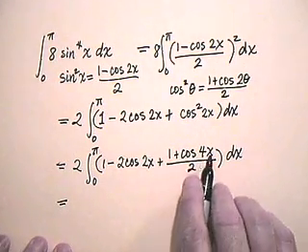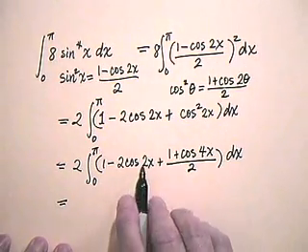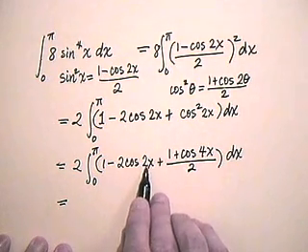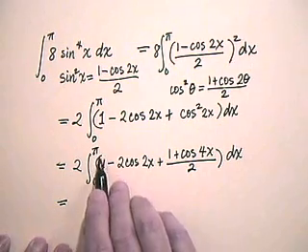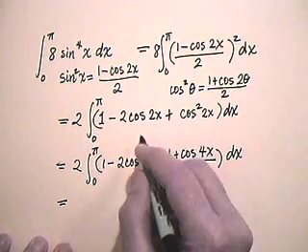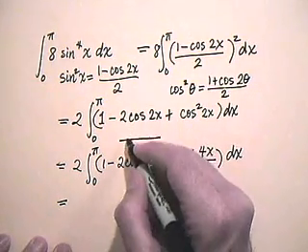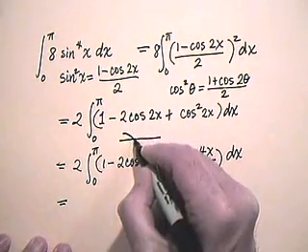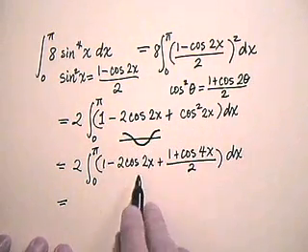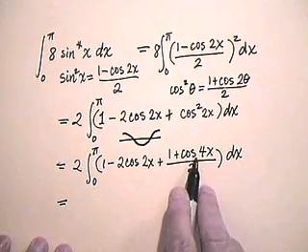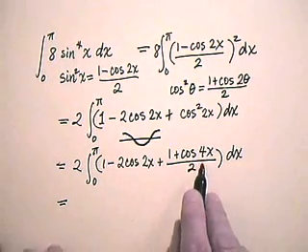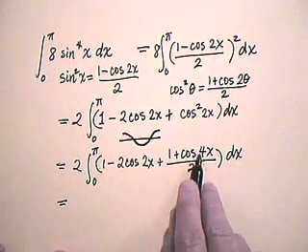Well, we've got a lot of cosines to integrate here, but look what's going to happen. As x varies from 0 to pi, 2x will vary from 0 to 2 pi. So we're actually integrating over an entire cycle of cosine here. In other words, the entire thing's going to cancel out. 4x integrated from 0 to 4 pi goes through 2 whole cycles of cosine, so that integral will be 0.